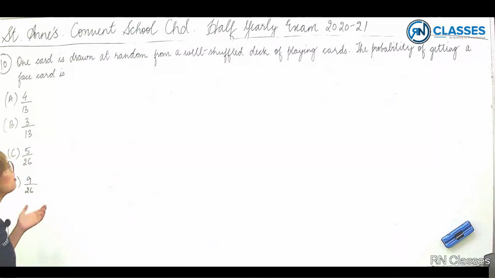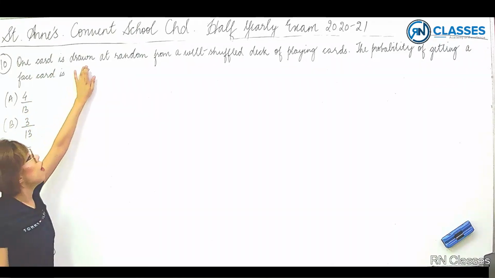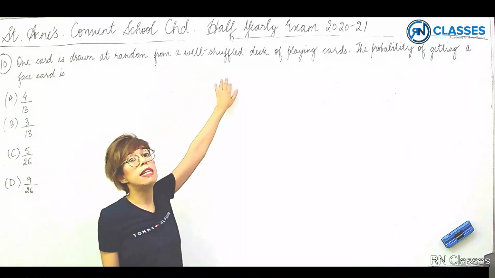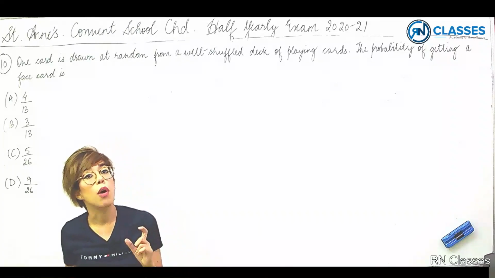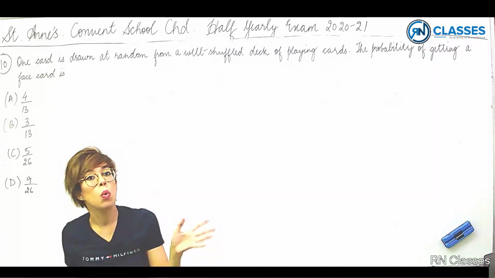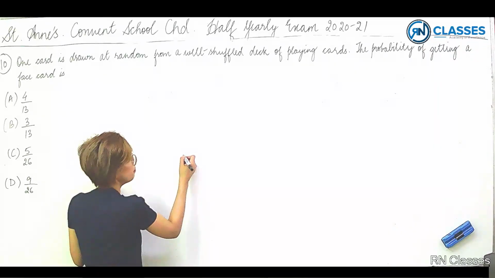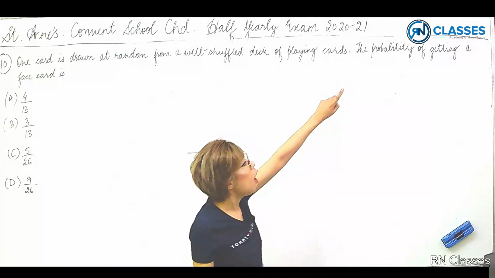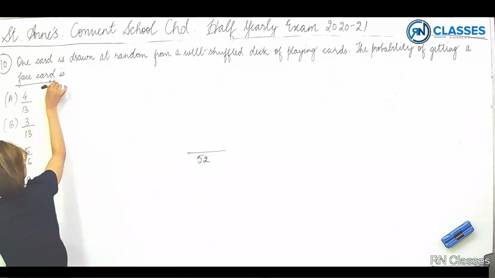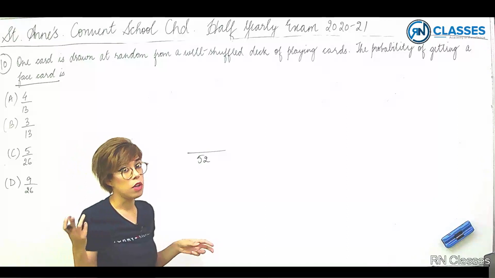Right. So the next one. He says 1 card is drawn at random from a well-shuffled deck of playing cards. So 1 card is drawn from 52 cards, so total outcomes is 52. I need to find the probability of getting a face card. A face card is king, queen or jack.